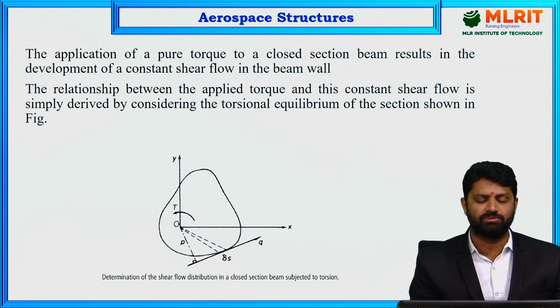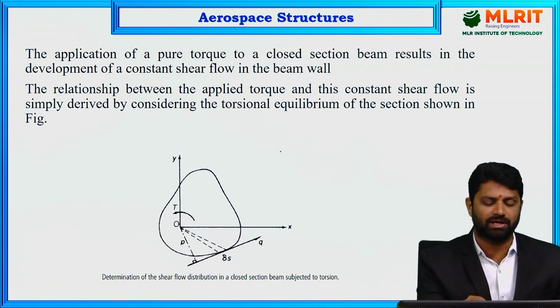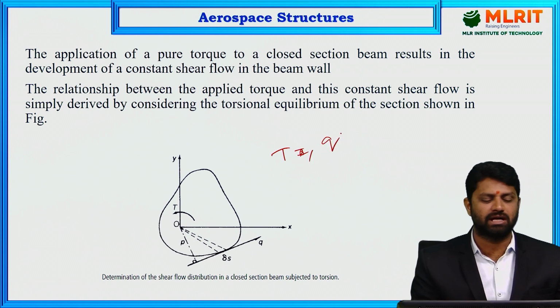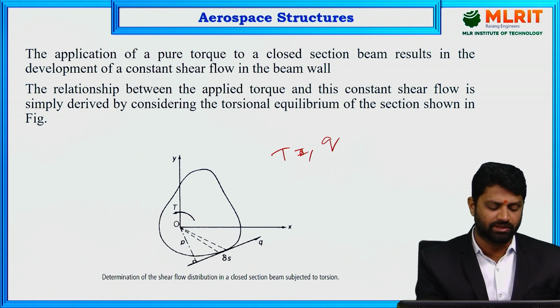The relationship between the applied torque T and the constant shear flow q is derived by considering the torsional equilibrium of the section, as shown in the figure. So what we are doing here is taking one tangent to this arbitrary section, and let us assume q is the shear flow.